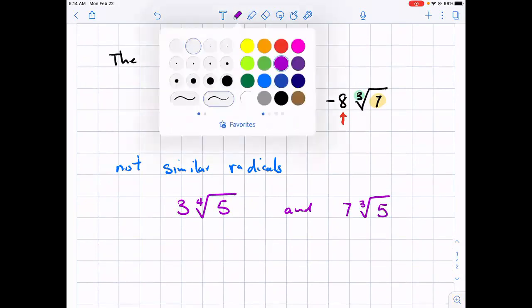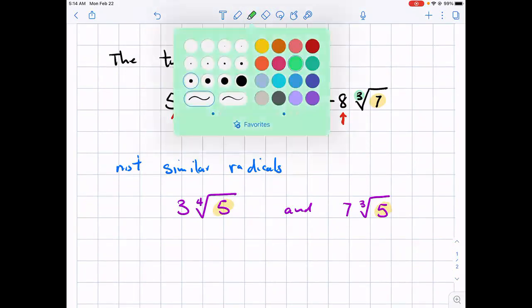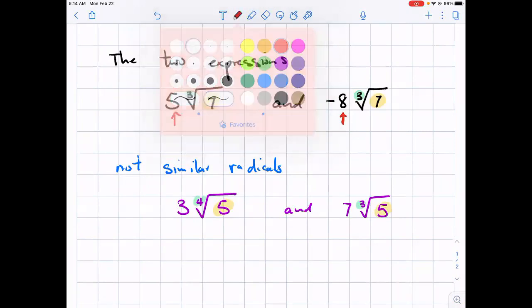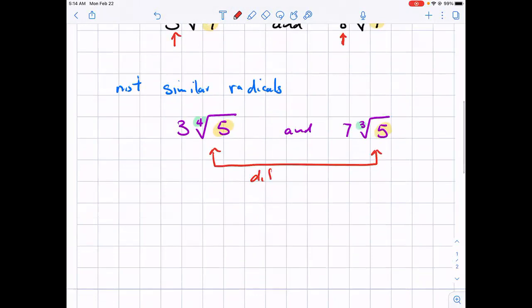Although in this scenario the radicands are the same, notice that the index are different. So in these two examples, they have different index. The index is different in both scenarios. So you have to be very careful when you're looking at these things. Pay attention to the index and the radicand.